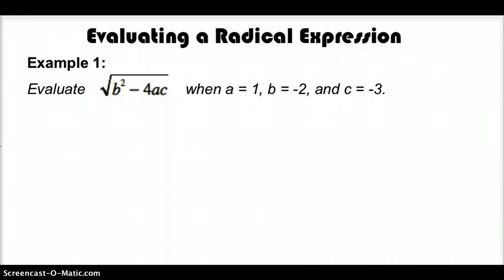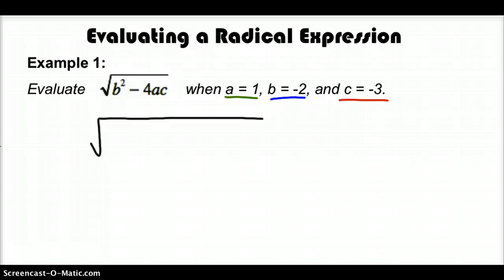Okay, so the first example, we're going to evaluate the square root of b squared minus 4 times a times c for those given values. So let's take a quick look here. This is a radical expression, and let's underline the information that we know. Maybe I'll underline a, b, and c in different colors.